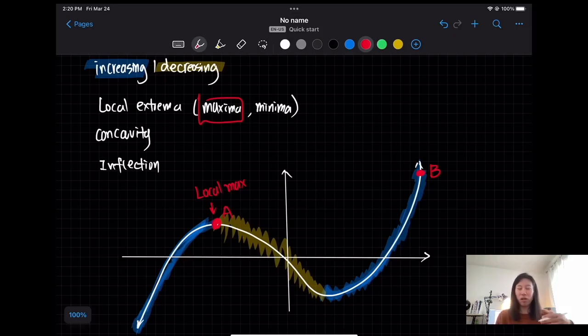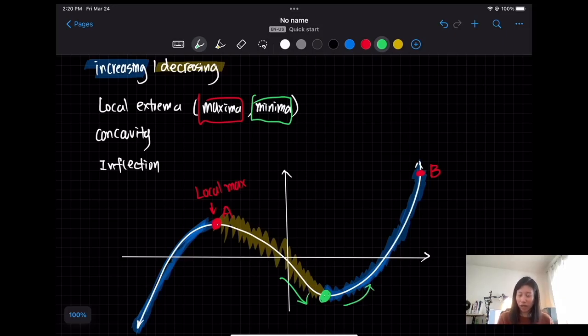You can think of it as a local vertex, but we call it local extrema. Similar idea for local minimum. It's here. A local minimum is when the graph starts from decreasing and then changes to increasing. The graph is going down and then going up. So this is the local minimum.